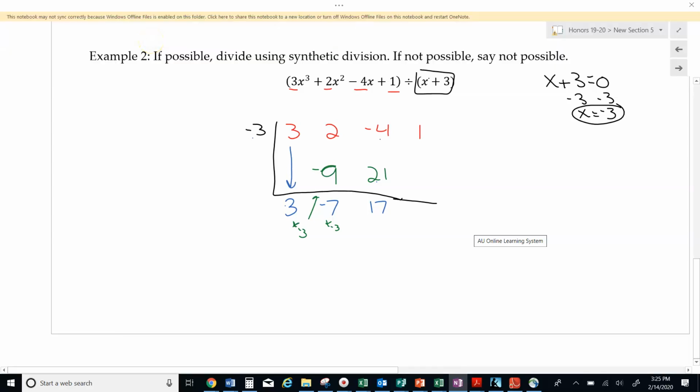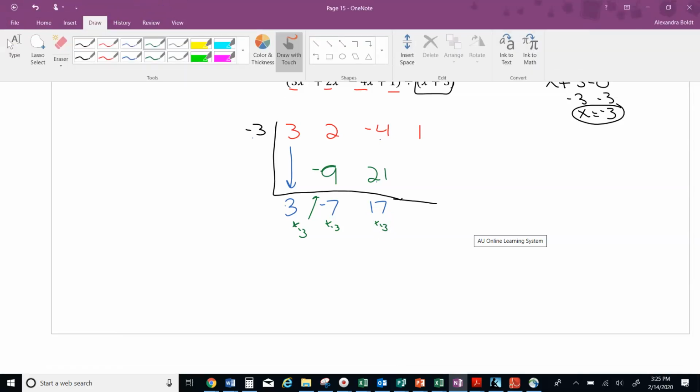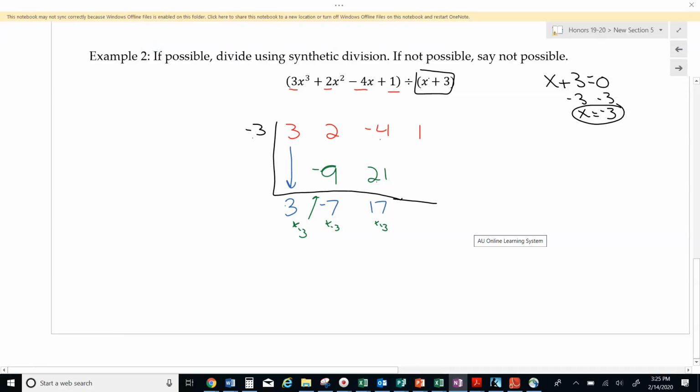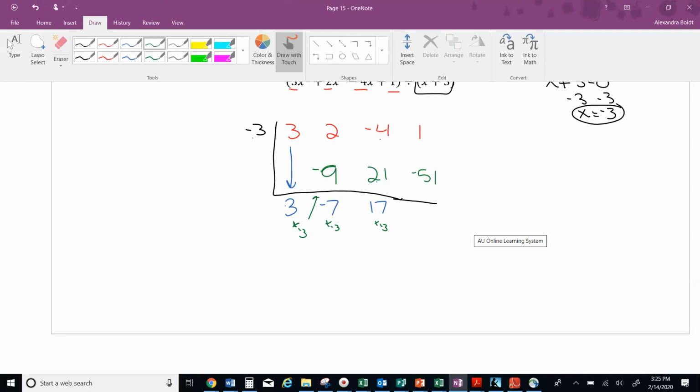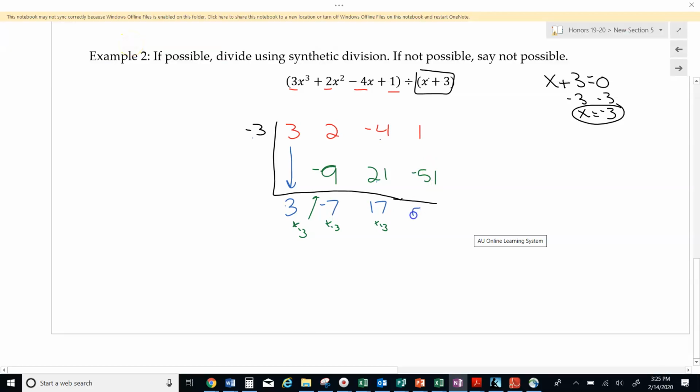Multiply times -3. 17 times -3 is -51. Combine, I get -50. And this is my remainder. Ignore this, I don't know why it's there. Can't do anything with it.